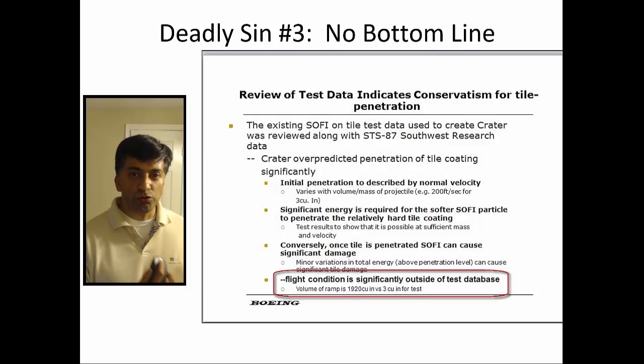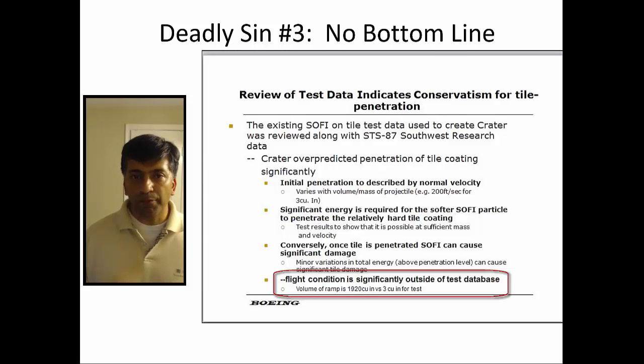What actually happened, the break-off piece, was 1,920 cubic centimeters. That's a big fact that was not brought up in this slide, or was buried, again, 5 bullets down, 3 indentations in, and people didn't get that across.